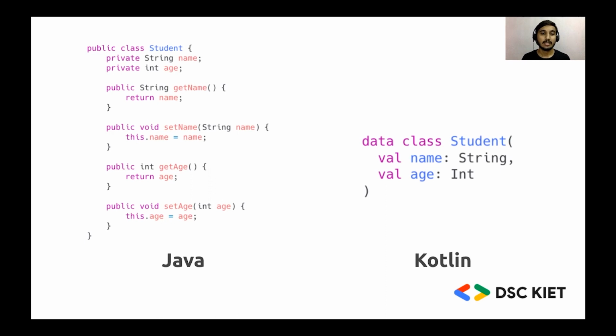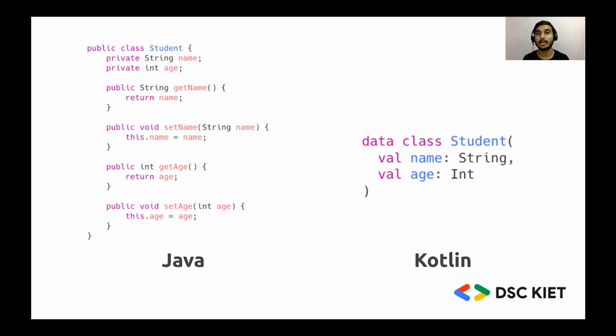Like here, if we have some model class in Kotlin and Java: in Java, we should have variables which it accepts, like a name and an age, but we need to access those. We have to set those and get those, so we'll have their getters and setters as well.